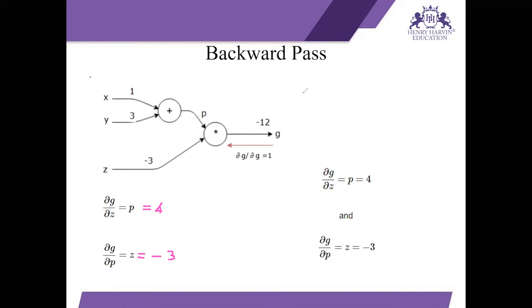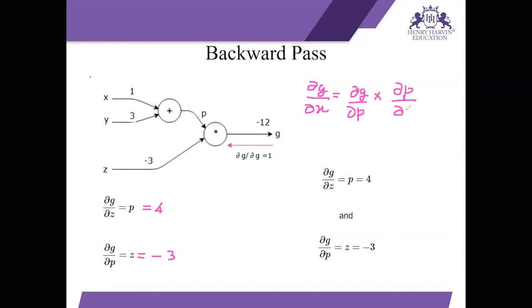So now what can we do? We have to find dou G by dou X. How can I find this? This is equal to dou G by dou P into dou P by dou X, the chain rule.